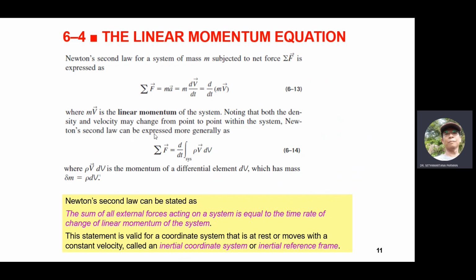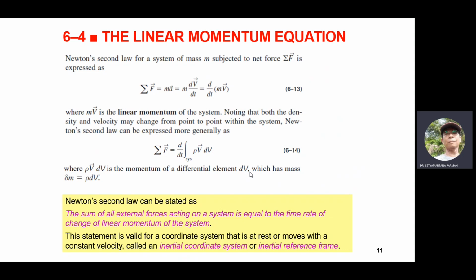So Newton's second law can be expressed more generally as the resultant of the force equal to the rate of change with respect to time of the integration over the whole system of rho V dV. dV here is the elemental volume, and V here is the velocity vector. So rho V dV is the momentum of a differential element dV, which has the mass dm equal to rho dV.